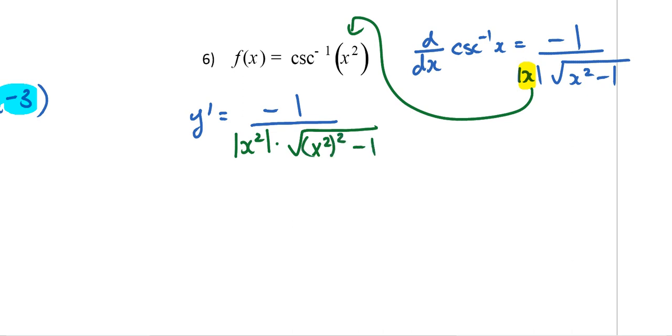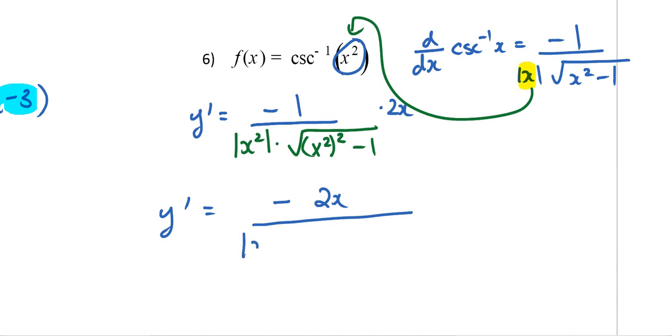Then I need to apply the chain rule, and the derivative of x squared is 2x. Now I just clean this up, so this will be -2x, all divided by the absolute value of x squared times the square root of x to the power 4 minus 1. Once again, this 4 simply comes from multiplying the exponents together. That's just a general exponent rule from your Math 9 class, and there is the final answer for that problem.